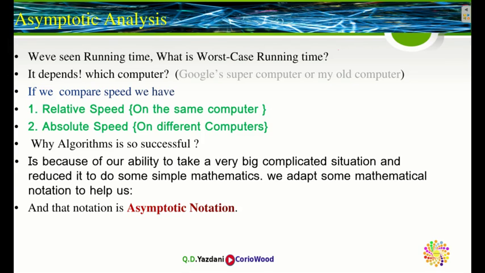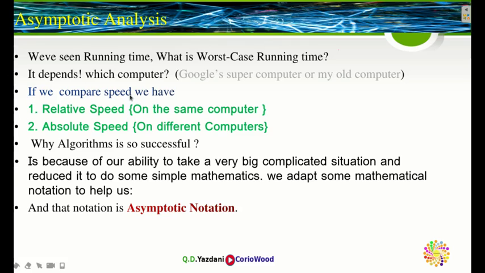As I said, an asymptote is a straight line that constantly approaches a given curve but does not meet it at any infinite distance. The asymptote is a line that the curve approaches as it moves towards infinity. That's because we take a big, complicated situation and reduce it to some simple mathematics, adopting asymptotic notation.